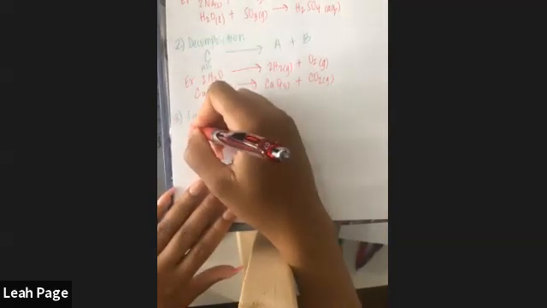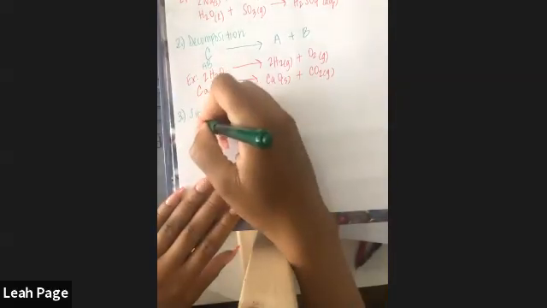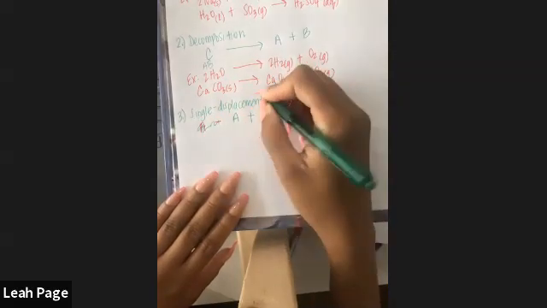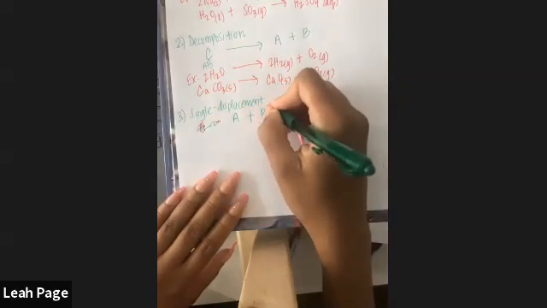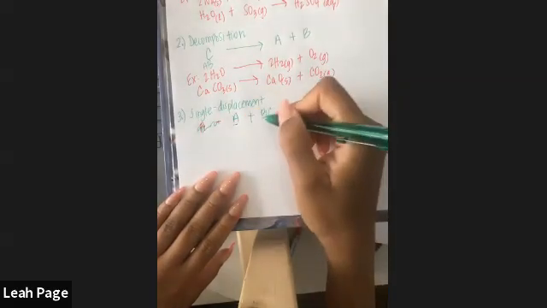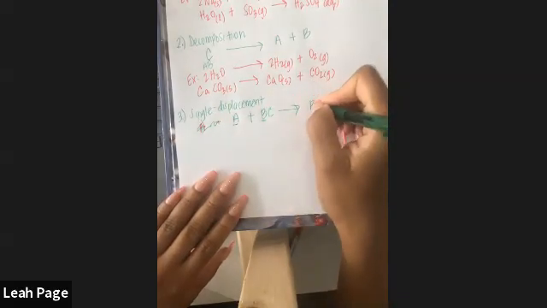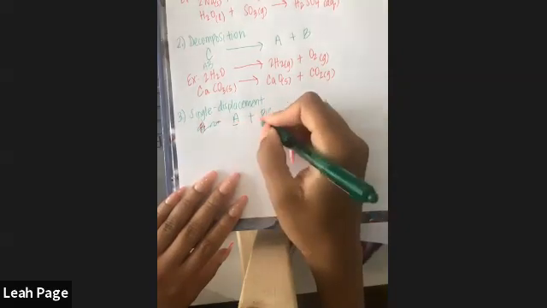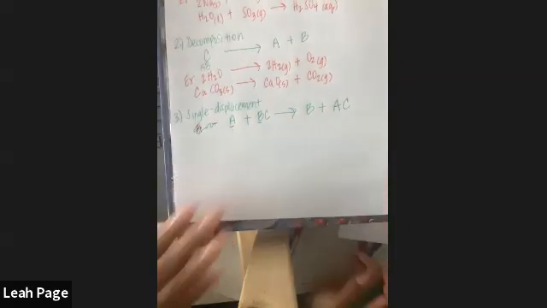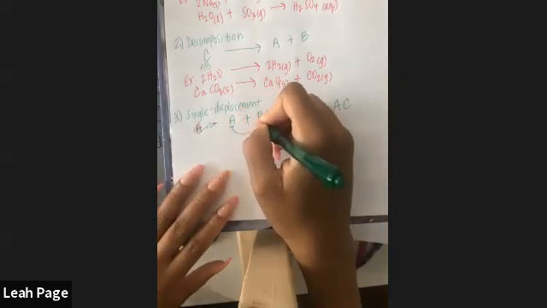So if I start off with A plus BC and A replaces B, now B will be by itself and A will go into the compound as AC. So what's happening is my A and my B switch places.